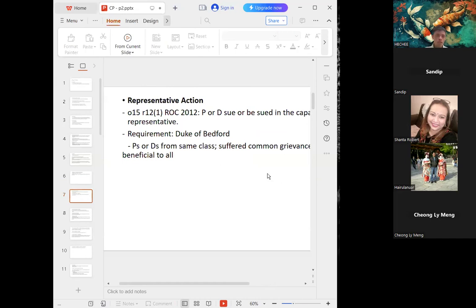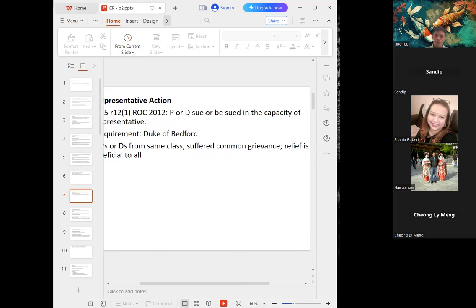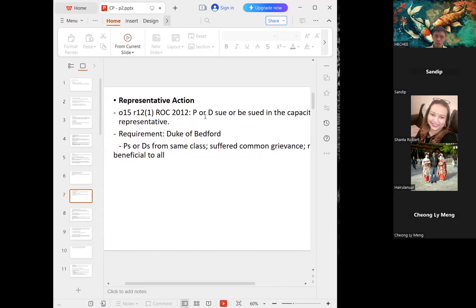Okay, representative action. I am not sure whether I'm using this correctly, because the representative action is like one leader bringing the action on behalf of others. So according to your Order 15, Rule 12, the plaintiff or the defendant can sue or be sued in the capacity of a representative.